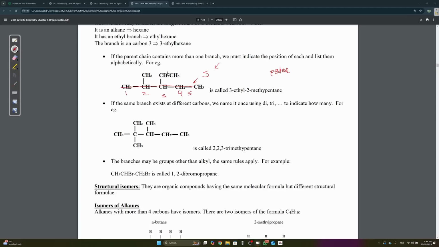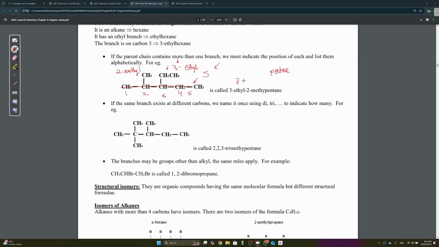Okay, so on carbon number 2, what do we have? We have methyl. Remember, CH3 is methyl. On carbon number 3, we have ethyl. So to name this, what do we do? You start with the heavier one, ethyl.